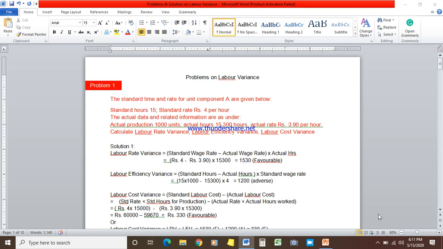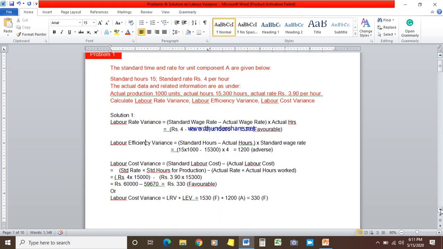This can be cross-checked to see whether the answer is right or wrong. I just add up the labor rate variance and the labor efficiency variance. The labor rate variance is favorable, whereas the labor efficiency variance is adverse.